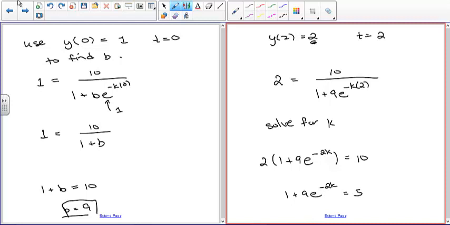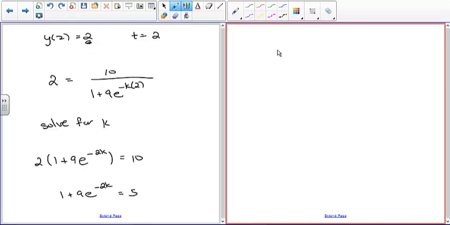Then subtract 1 from both sides. Divide by 9. Then you get your calculator out, take the natural log of both sides. So you get the natural log of e to the minus 2k is equal to the natural log of 4/9.